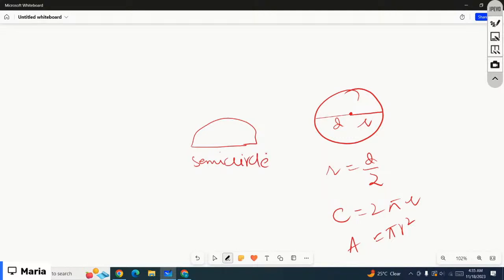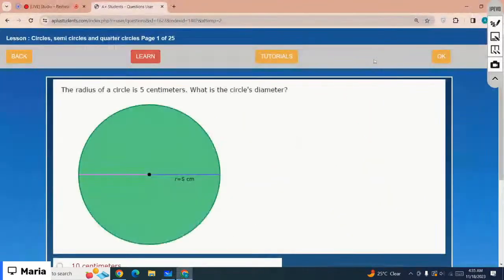To calculate the perimeter of the semicircle, it would be pi d divided by 2 plus d. That is the perimeter of the semicircle. And the next one is the quarter circle, the fourth part of the circle, right? I don't remember the formulas. When we do it, I will let you know.